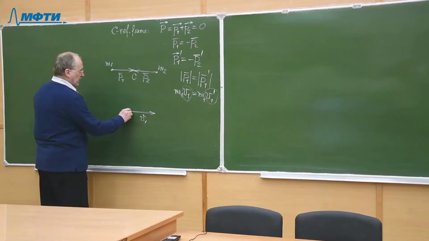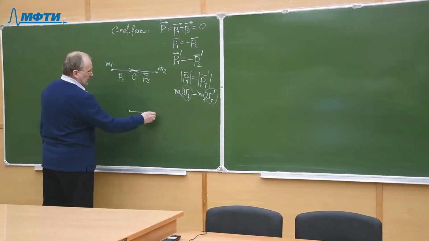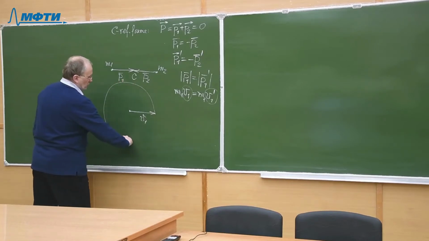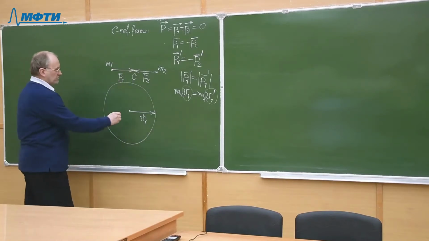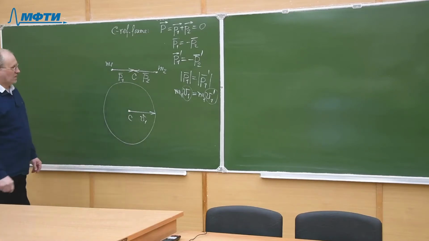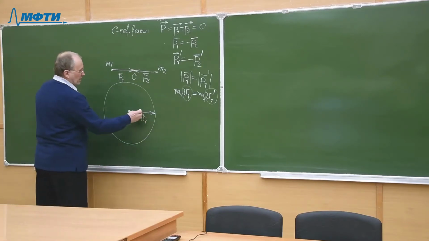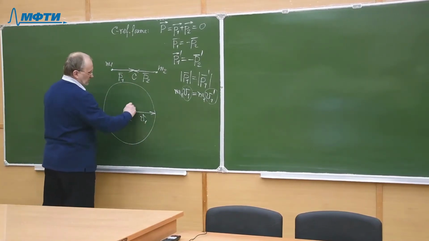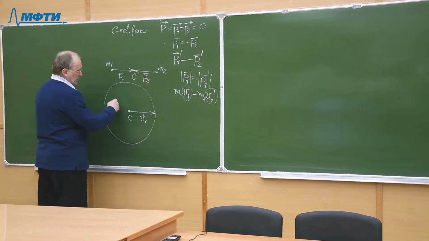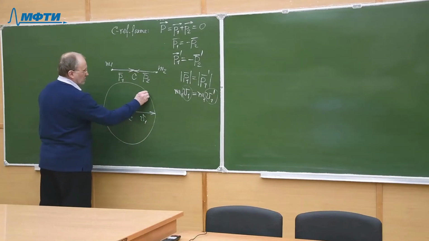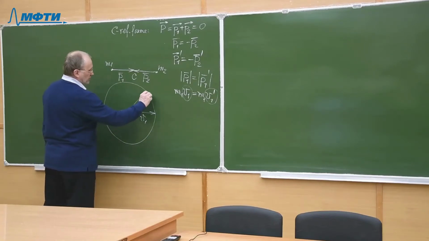It means that after the collision, the end of this vector may belong to some circle, to some circumference. And this is the center of mass. After the collision, the velocity of the first particle may remain the same, but most probably, because of collision, it will be directed in some different direction. It will show somewhere, for example, here, after the collision.